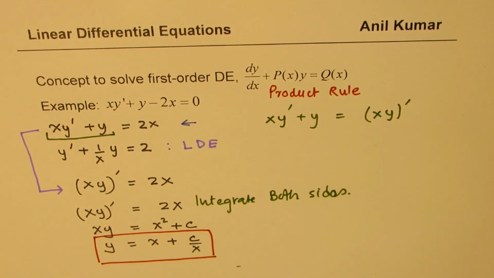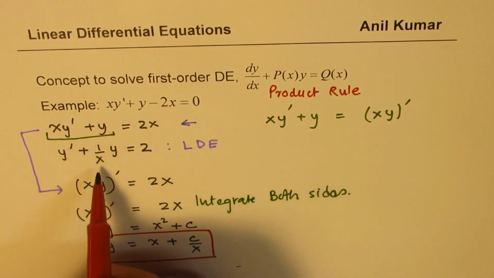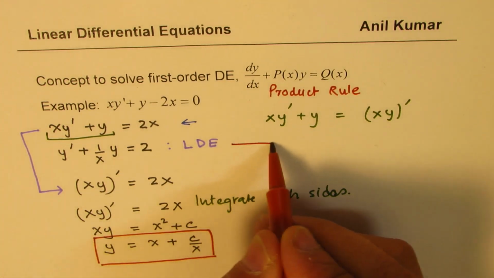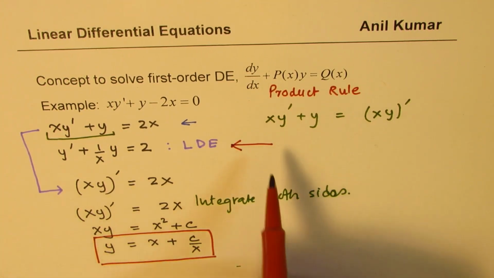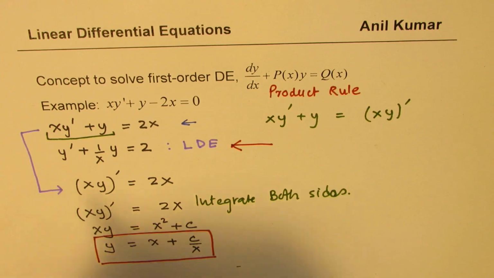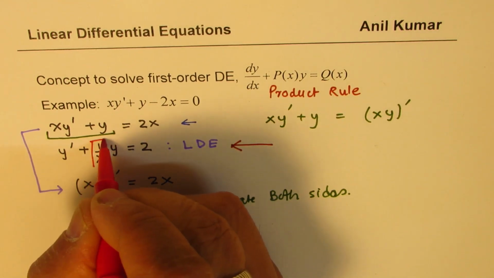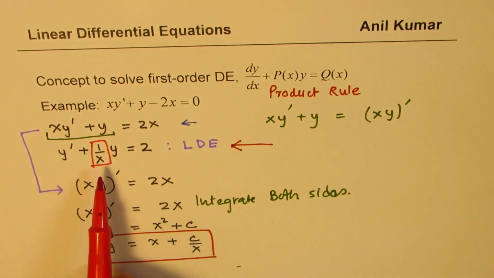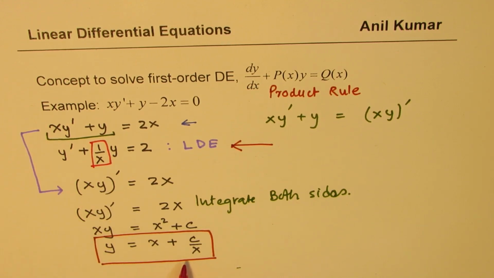So there is a way to solve such equations, correct? What you notice here is that if we multiply by a factor, let me highlight this because that is key for our understanding, the equation becomes a form that can be solved.